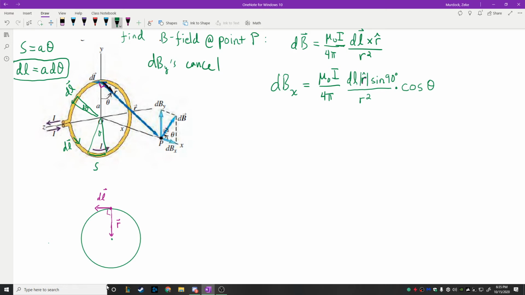So in our equation now, we'll go ahead and do an integral. We'll say Bx is going to be equal to mu naught, which is a constant, I is a constant, 4 pi is a constant. Is r a constant?